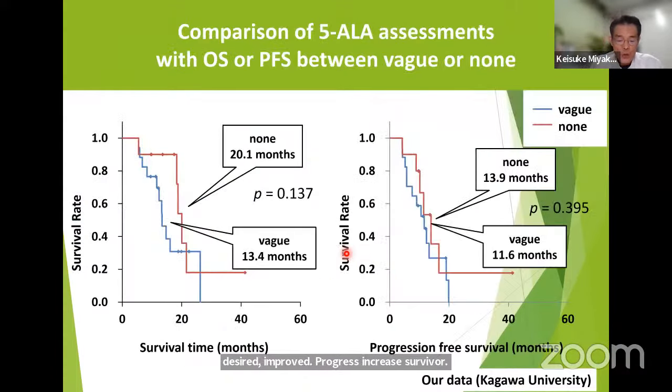Our data show a tendency to prolong overall survival by removing the tumor until no fluorescence was seen under 5-ALA guided resection. However, it is important to know that 62.4% of tumor cells are still present in the non-fluorescence area.